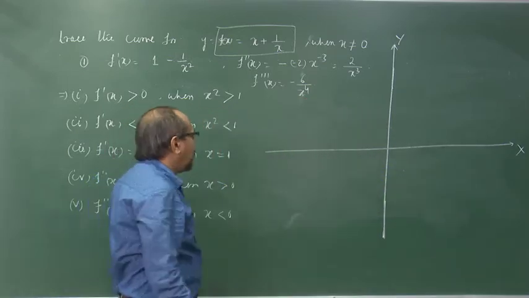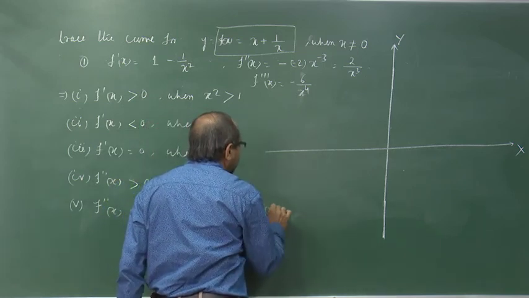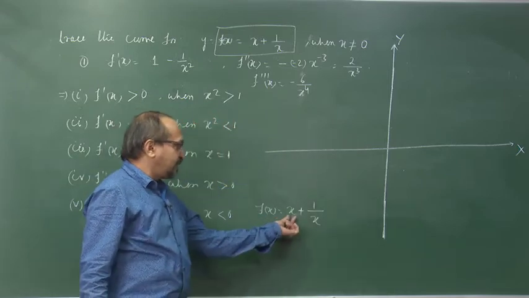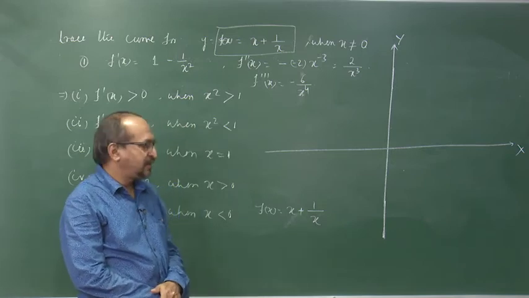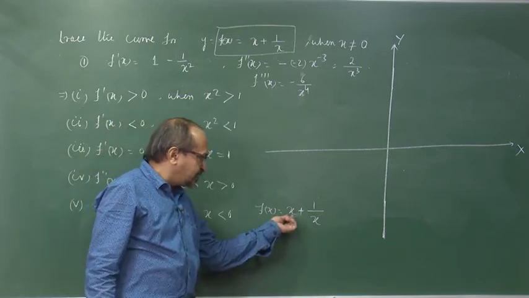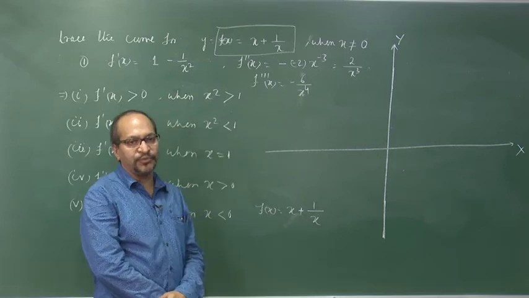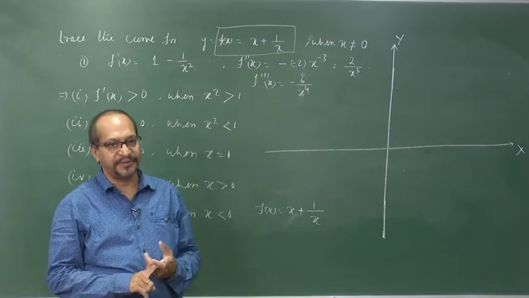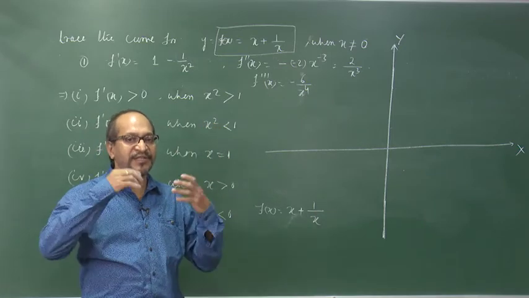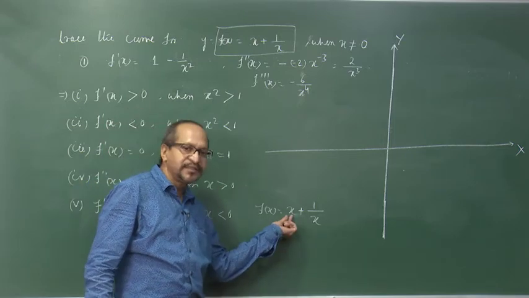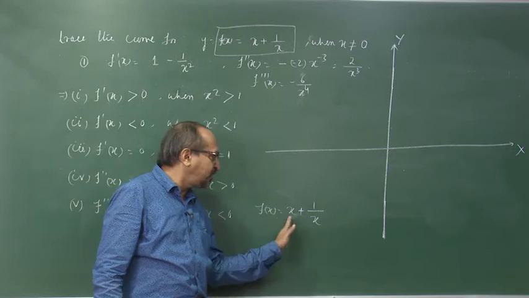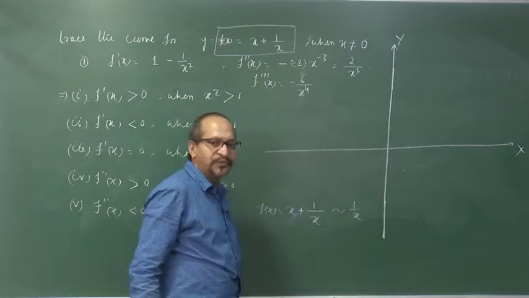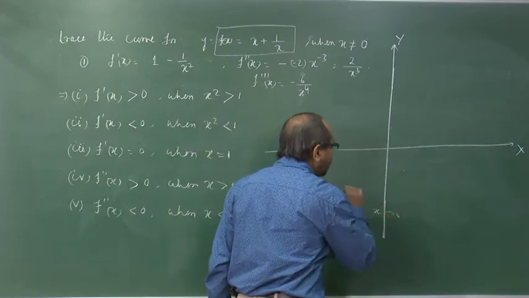Now, our function f of x is equal to x plus 1 by x, right. It is a combination of two terms, x plus 1 by x. Let us discuss what happens when x is approaching 0. When x is approaching 0, this 1 by x is tending to infinity, remember, is it not? So, it is assuming a very large value, while x is gradually diminishing. Therefore, the entire function will be dominated by the 1 by x shape when x tends to 0.